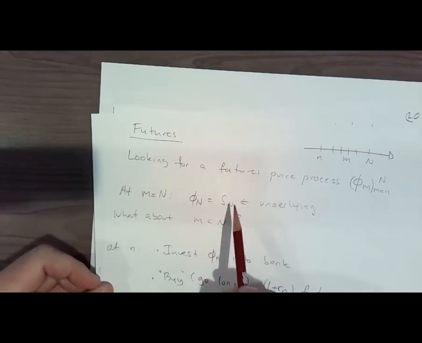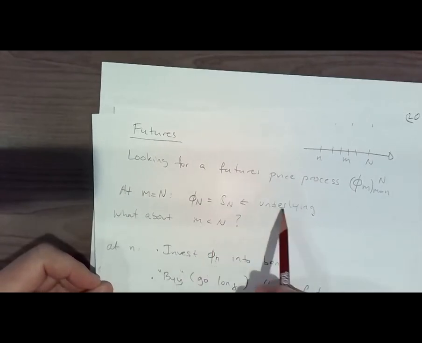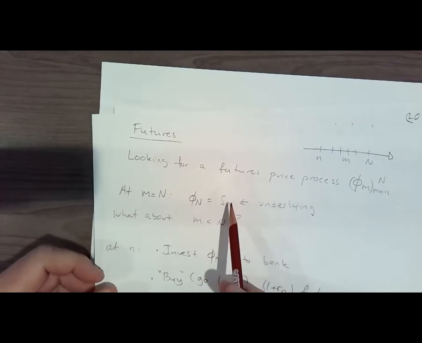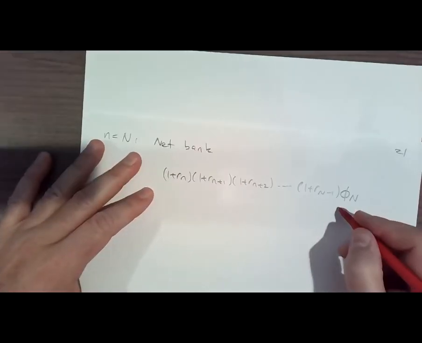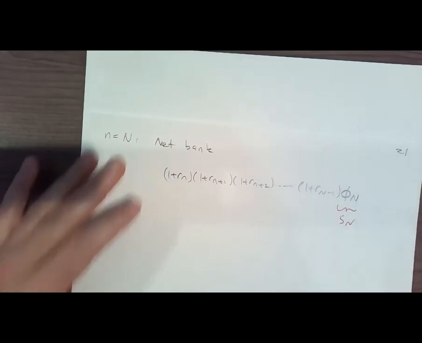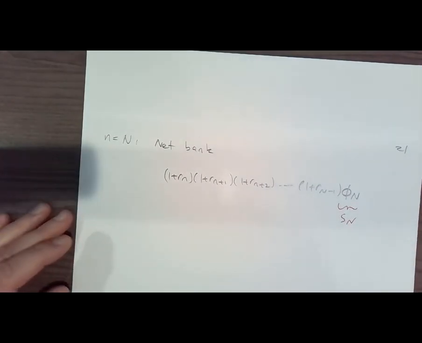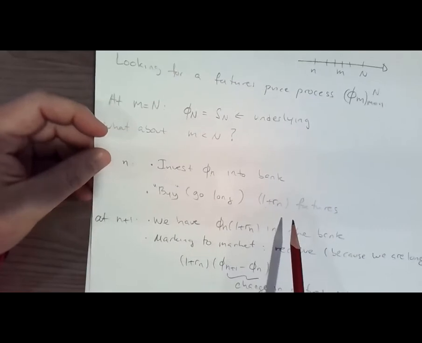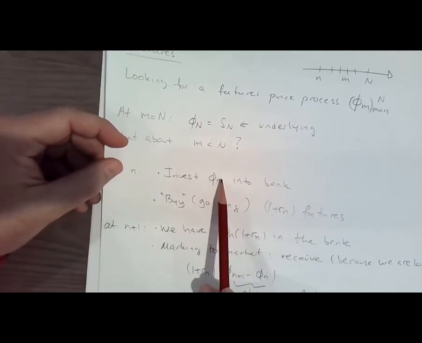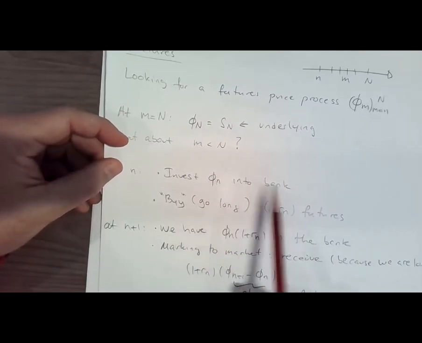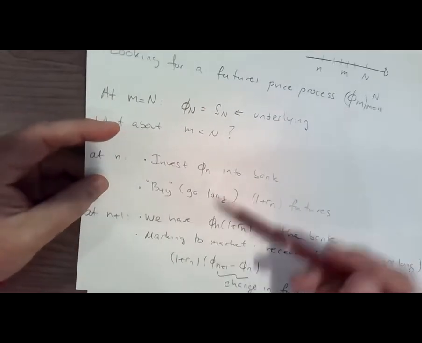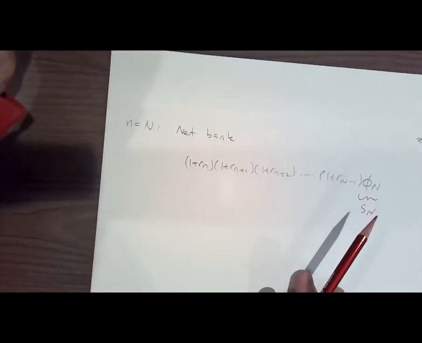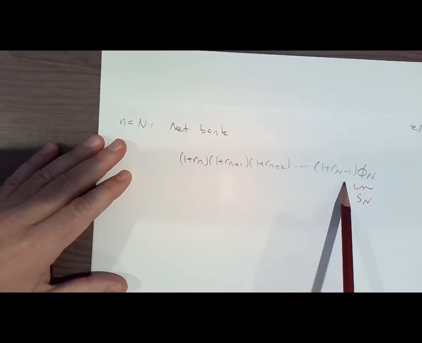It was pinned down here at the end. This was the underlying security's price, my S capital N. So this quantity here is S capital N. We started out by investing phi n dollars into the bank, and then we went along with this procedure, and we end up with this amount in the bank.